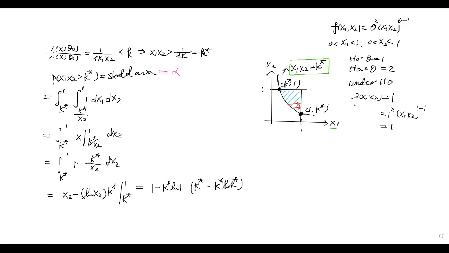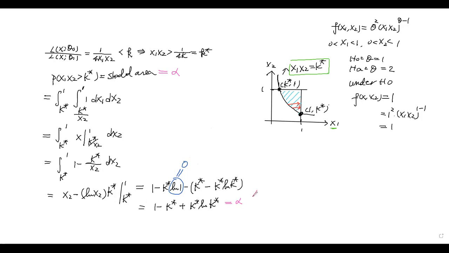The natural log of 1 I know is 0. So what I have here is 1 minus k star plus k star natural log k star. And I know the whole thing is equal to alpha.